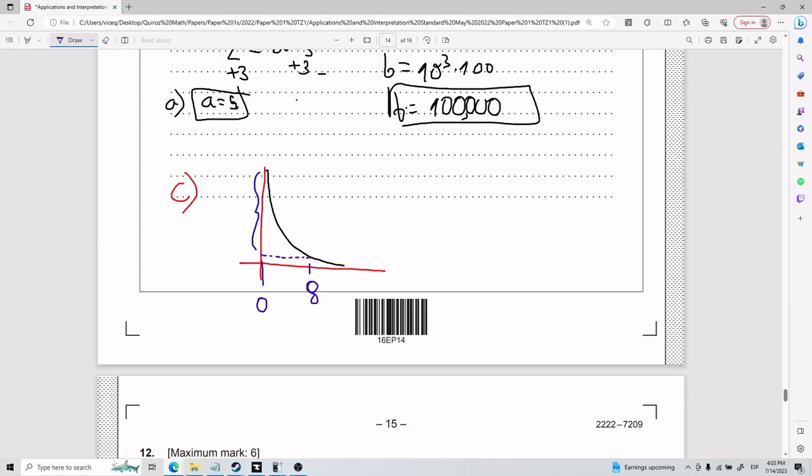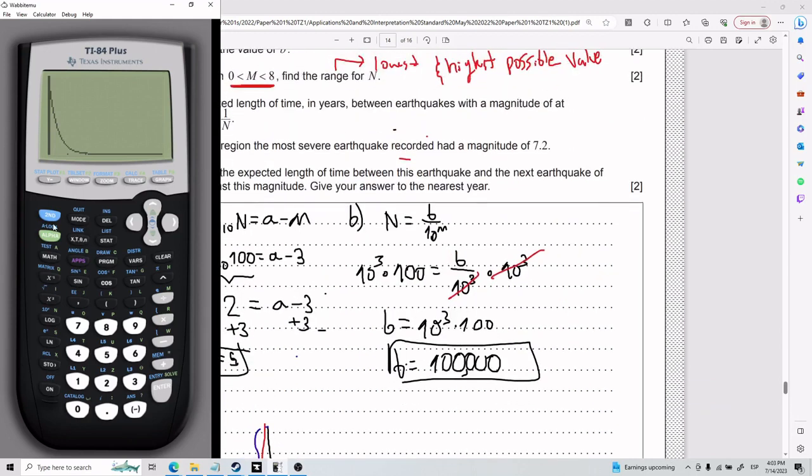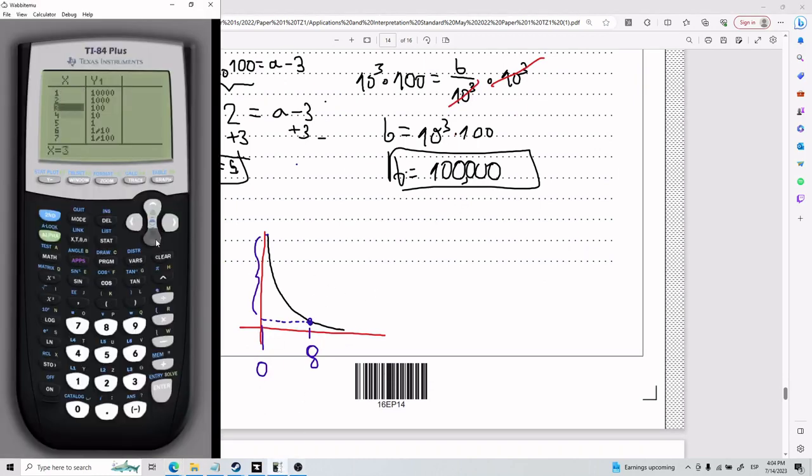So let's try and find it out. What I suggest you do is pull out your table, so you can do second table or second graph to hit table. Here you can go from 0 until 8 and see what values you get. That allows me to find these 2 points.